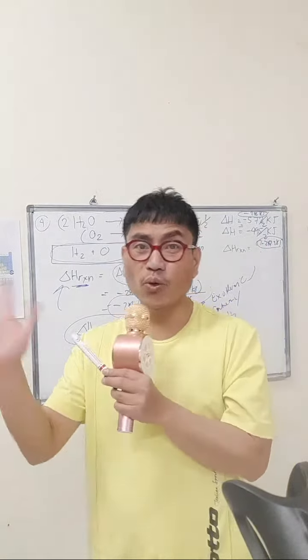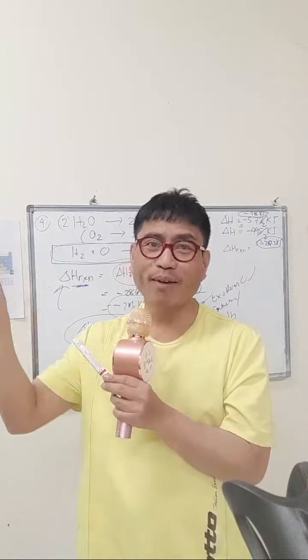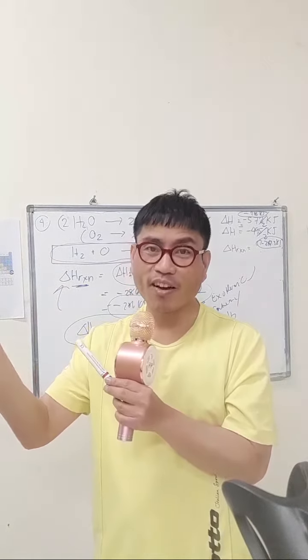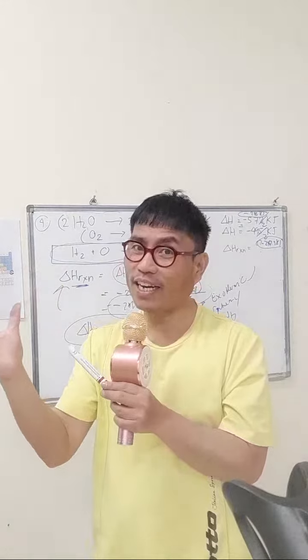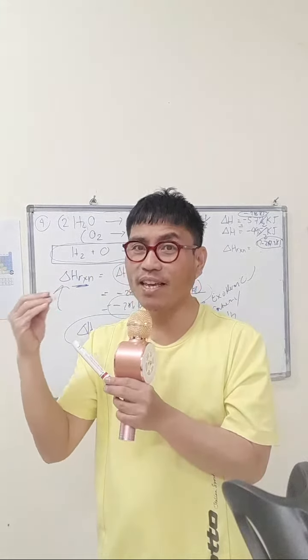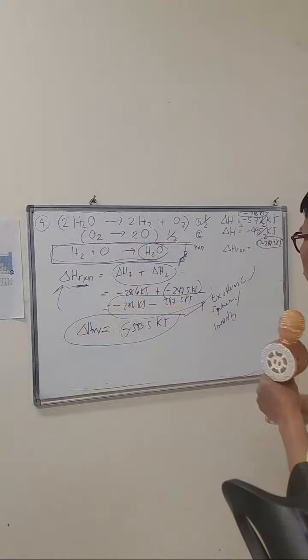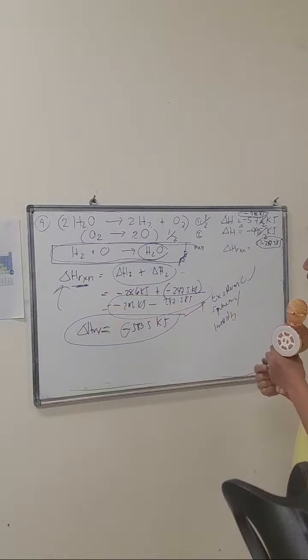Because you manipulate it by multiplying with the number of moles, if the number of moles are not perfectly balanced, then it will be in error in the equation for this Hess law of constant heat of summation.